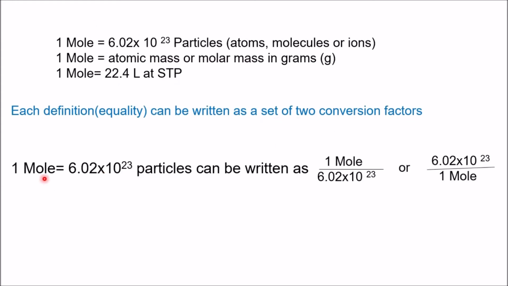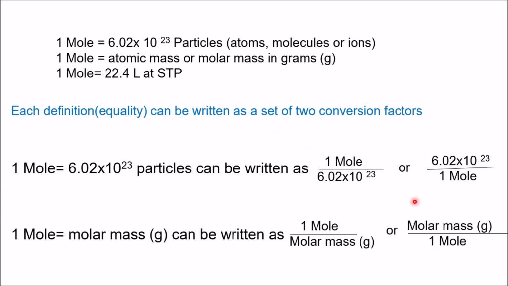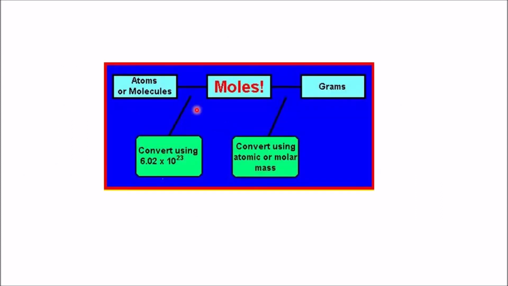For example, 1 mole is equal to 6.02 times 10 to the 23rd particles can be written as 1 mole over 6.02 times 10 to the power 23rd, or 6.02 times 10 to the power 23rd over 1 mole. 1 mole is equal to molar mass in grams can be written as 1 mole over molar mass, or molar mass over 1 mole. Now we can say atoms or molecules and grams are connected through moles.